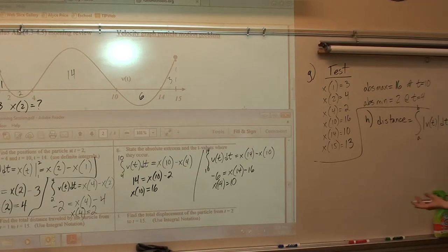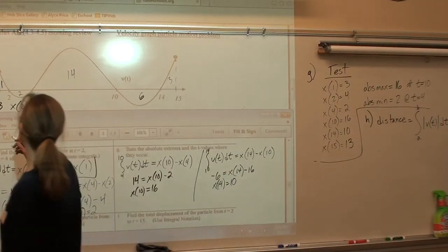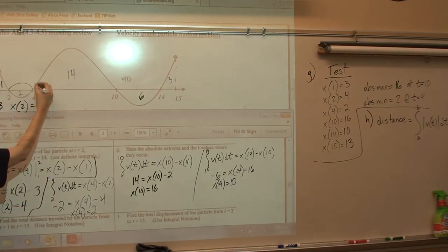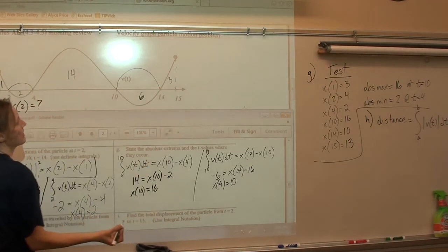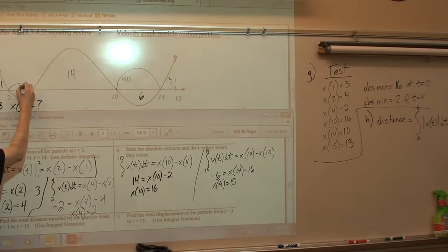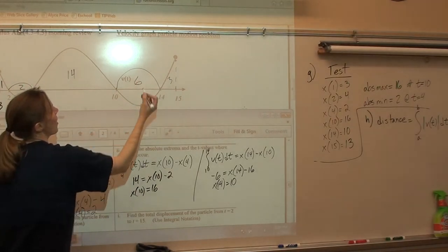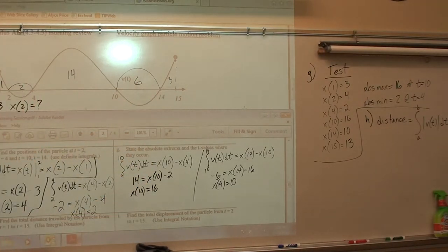So what that means is if we took this whole graph and made the whole graph above the x-axis, and then added all the areas together, that would be the total distance traveled, right? Doesn't matter if it's left or right. You just take all those areas and add them together. That's your total distance traveled.